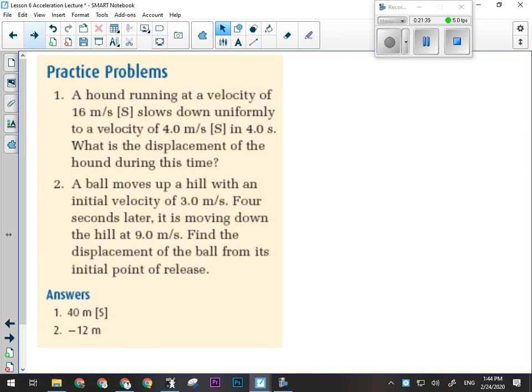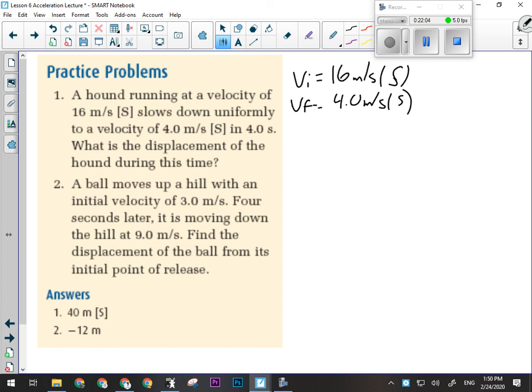All right, let's have you try those two. They involve that formula. In the first one, we've got a hound running at a velocity of 16 meters per second south. So that's going to be our VI. It slows down uniformly to a velocity of 4 meters per second south, and that takes 4 seconds.